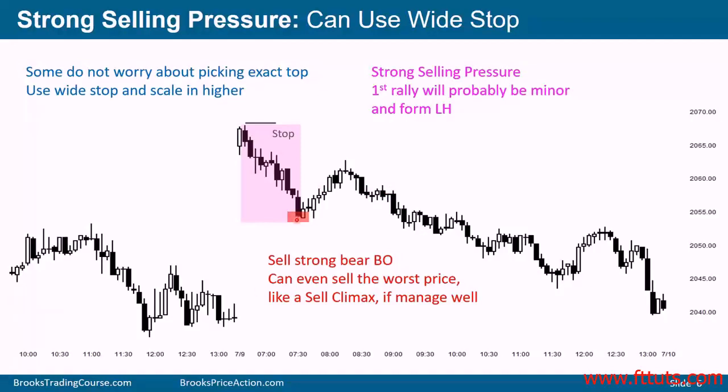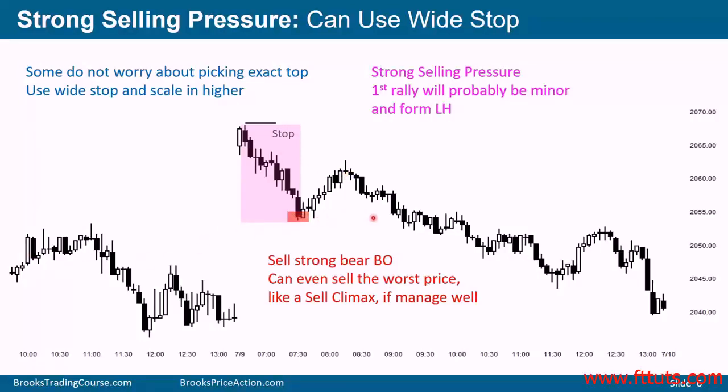If a trader sold the absolute worst price, like this close, if he manages his trade well, he'll still make money. He knows the channel down is tight, and therefore the first reversal up is probably minor, and that the market will probably test back down to this area. So even if he sells this close and uses a stop above the top of the sell-off, he can make money if he sells higher, like at a 50% pullback or on a reversal down.